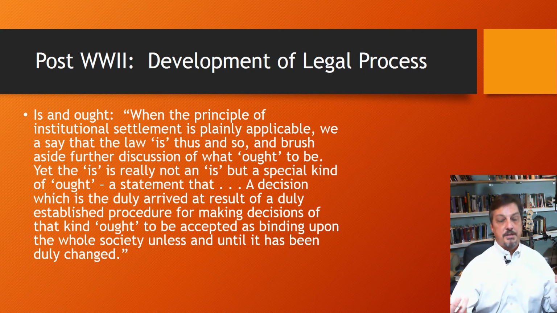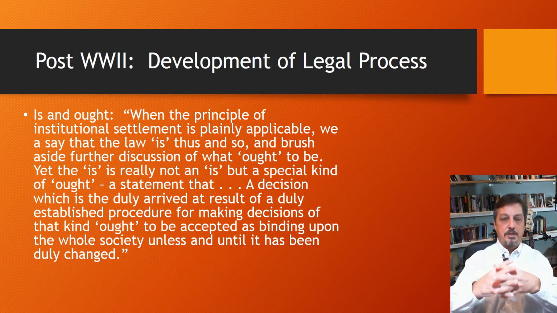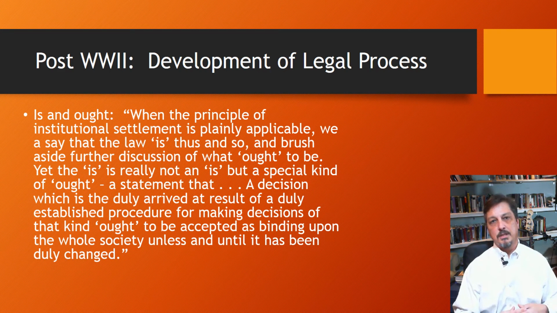The notion in Western law and jurisprudence, the ideal at least, is that that doesn't have to be the case. Law actually provides the alternative to violence. A civil legal system, a criminal legal system, institutions, and coordination among those institutions is the alternative to mere violence. And this is how the legal process thinkers work that out.